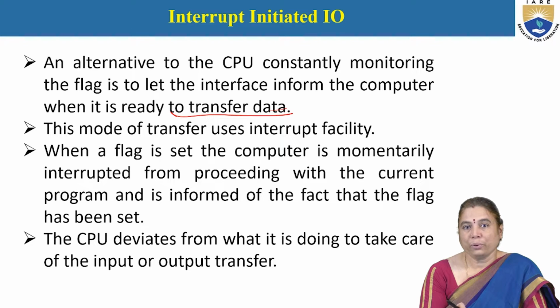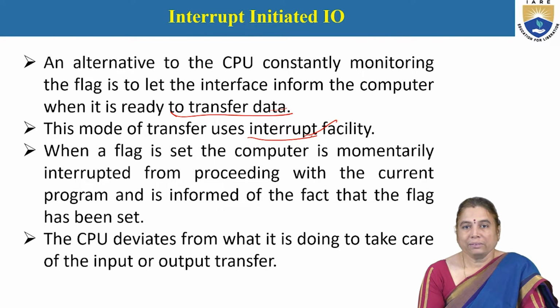That's why the CPU time gets wasted. To avoid this, interrupt initiated IO is used. In this, when the data is ready, the interface informs the CPU via an interrupt signal. So this mode of transfer uses the interrupt facility.